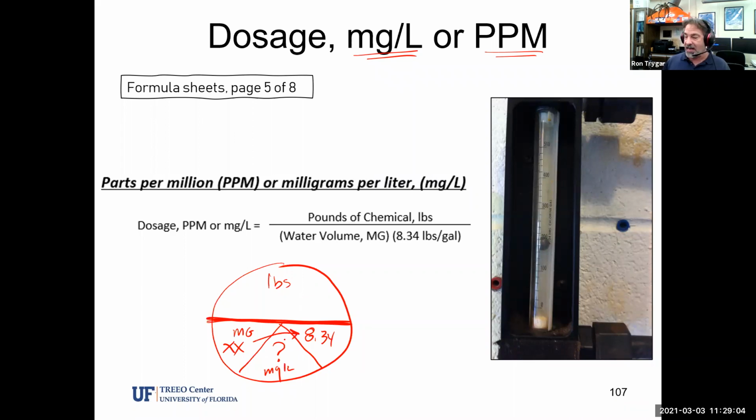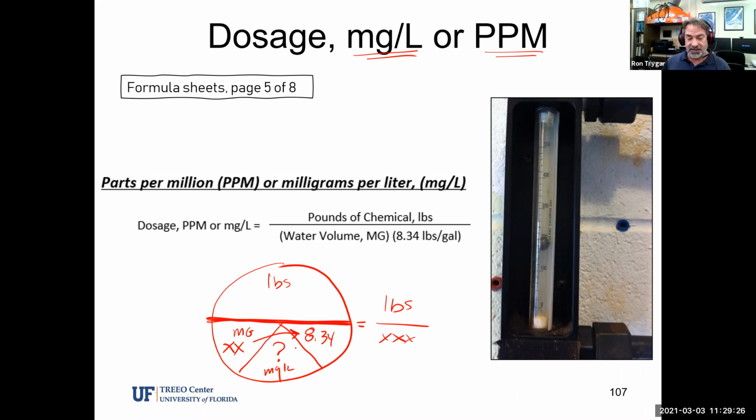Then we take that factor, and it's going to be divided into the pounds that we're given. We're going to know the pounds from a scenario. Then we'll come up with the actual milligrams per liter number.